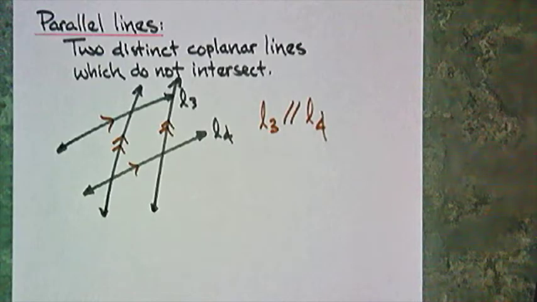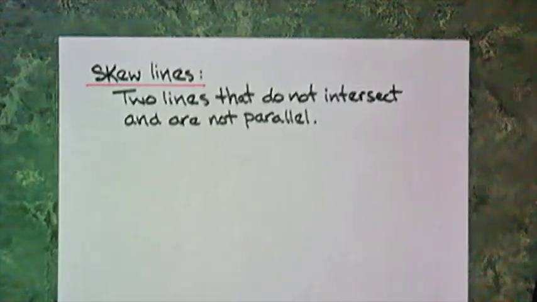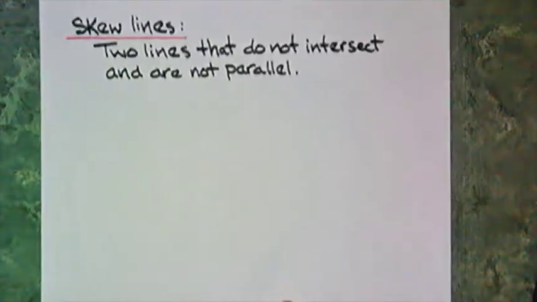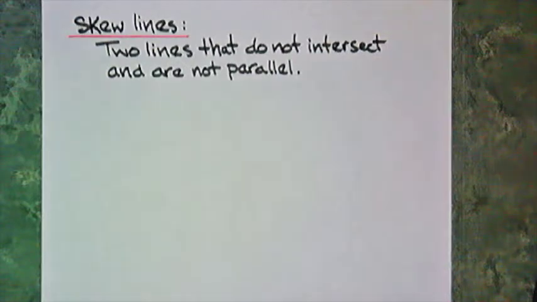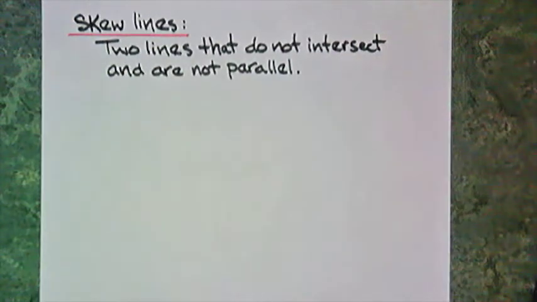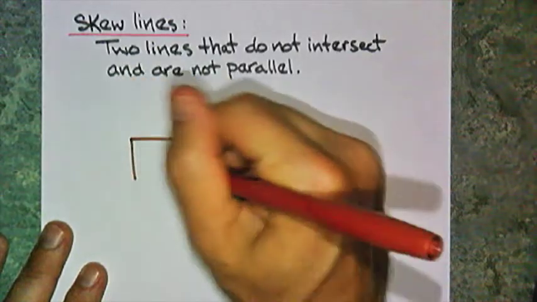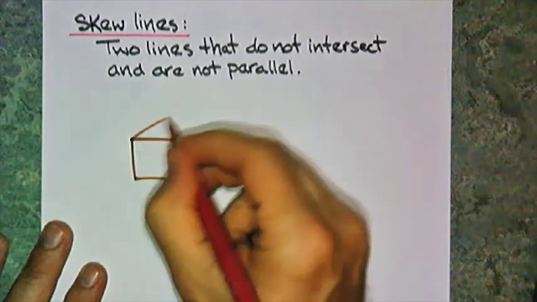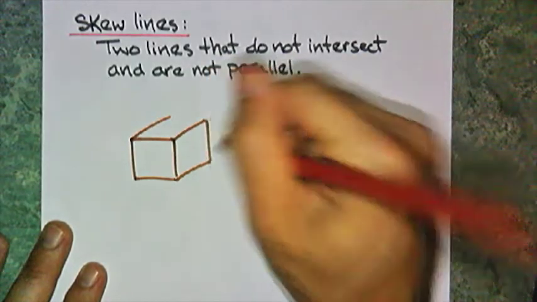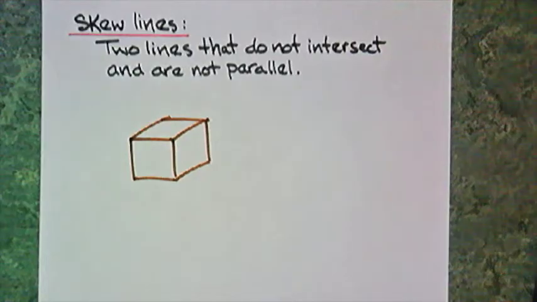All right? Now, you may think, why did I have to include that coplanar? Well, there's another word for lines that do not intersect and are not parallel, and that's called skew lines. The best way for me to show you this is to sketch a cube. I'm going to sketch a cube, make it isometric.